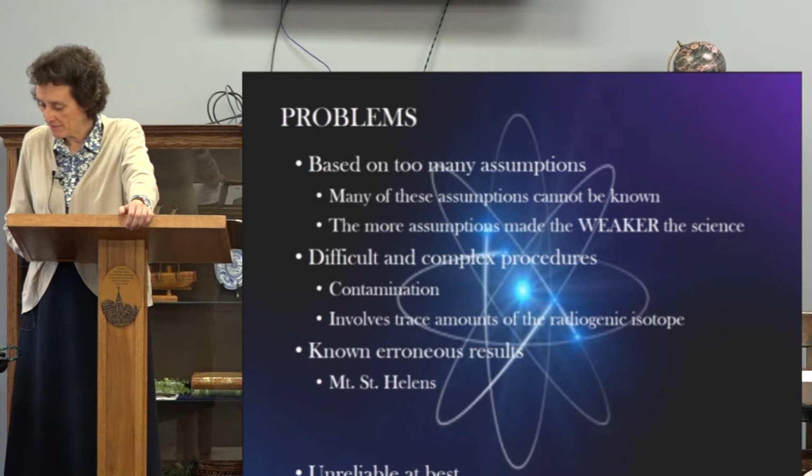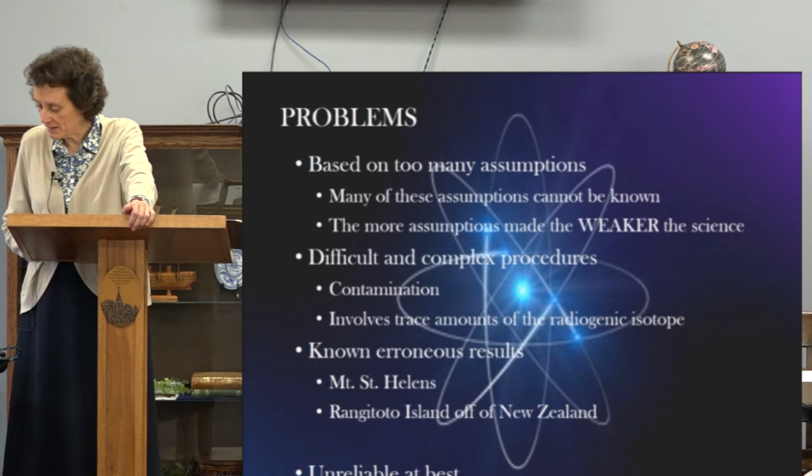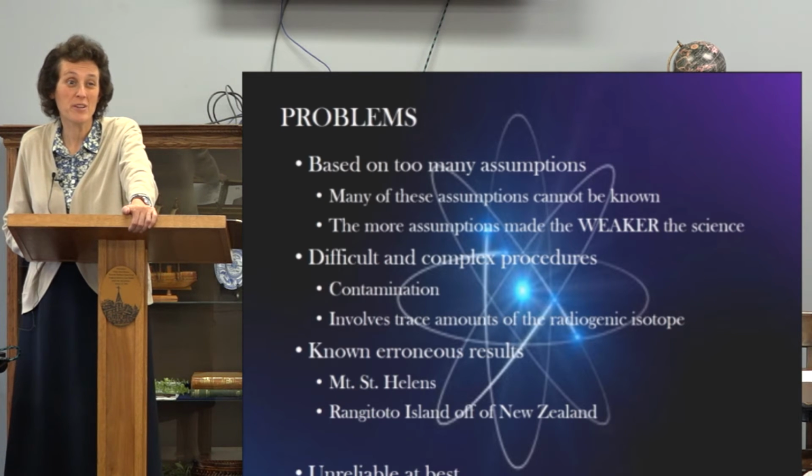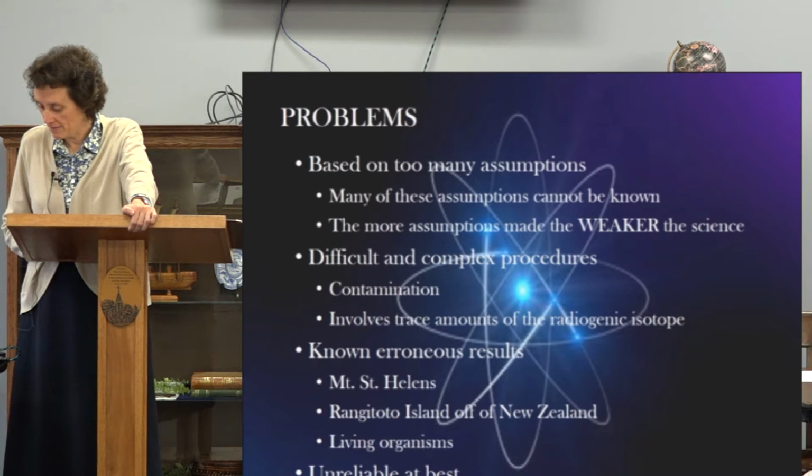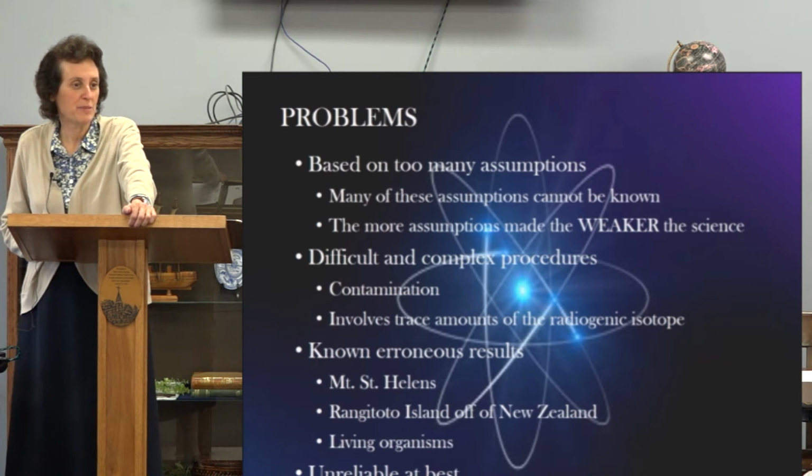We also have the Rangitoto Island off of New Zealand. This was dated from more lava dating, from eruptions known to have been less than 1,000 years old, dated anywhere from 145,000 to 465,000. And of course, living organisms have been carbon dated. And guess what?